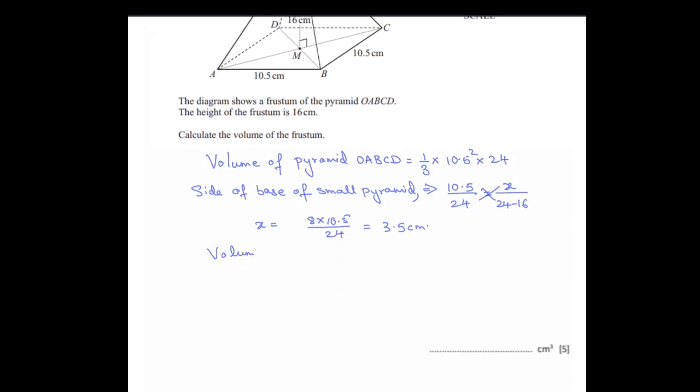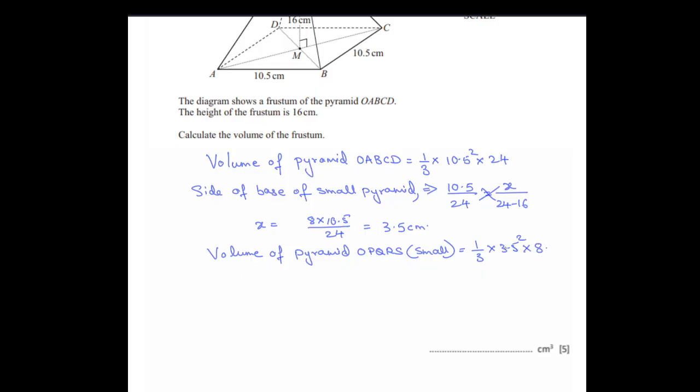So the volume of the pyramid OPQRS, that is the small one, will be 1 by 3 into base square, that is 3.5 square, into 8.